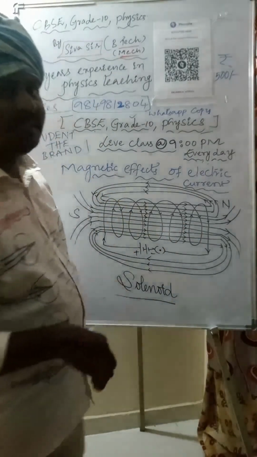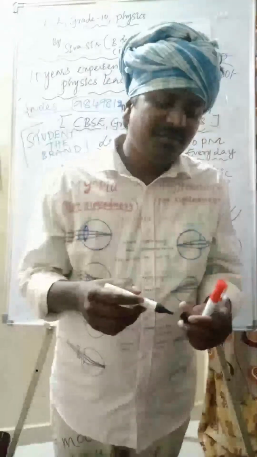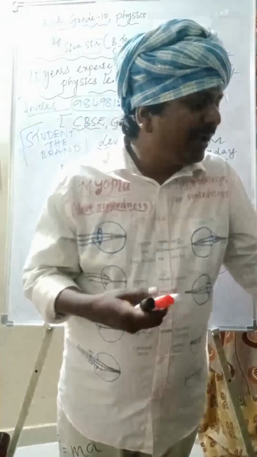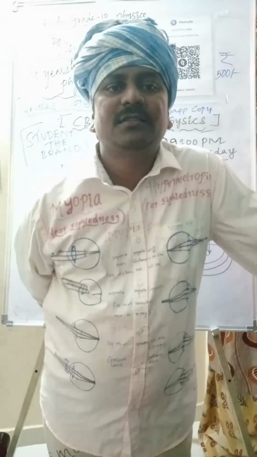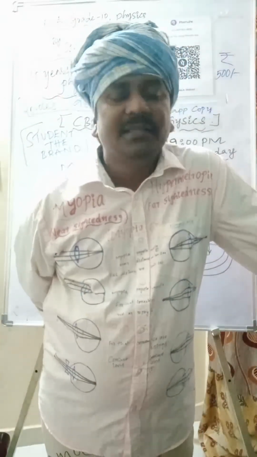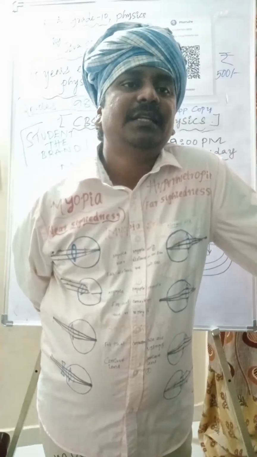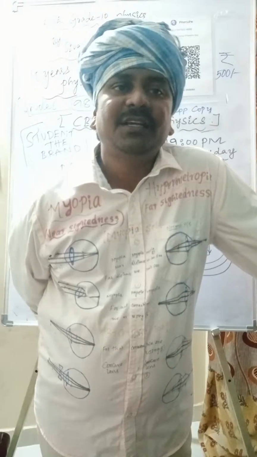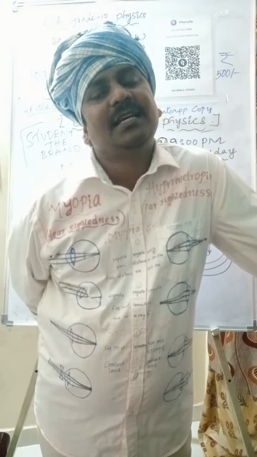New Cartesian sign convention. All distances are measured from the pole. Distances are positive along the incident ray. Distances are negative opposite to the incident ray. Distances are positive above the principal axis.